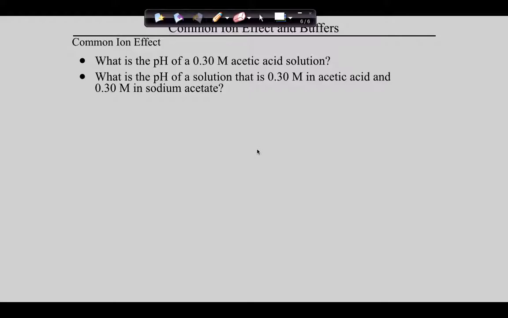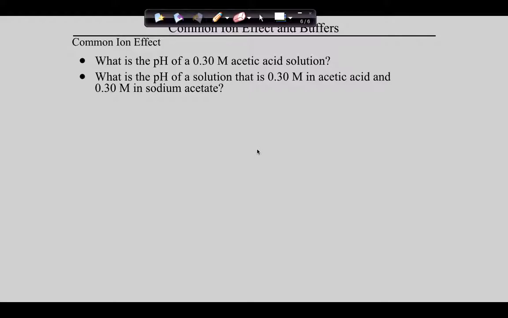Now the game's changed. Guys, what we're going to do now is we are going to buffer. Sorry, we can't say that yet. We are going to change the equilibria that we previously studied by adding to this the common ion salt, sodium acetate.